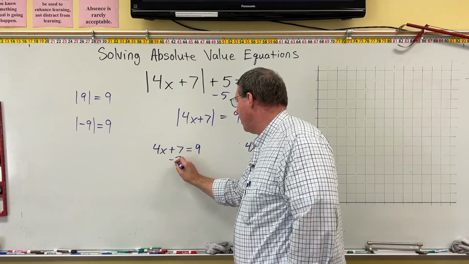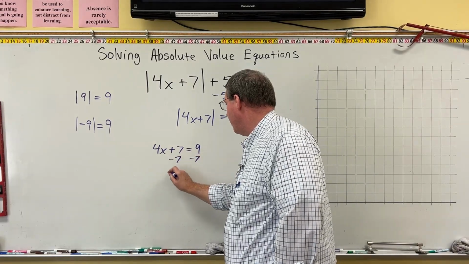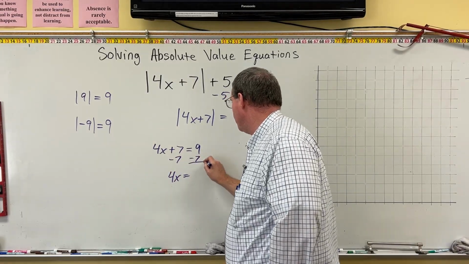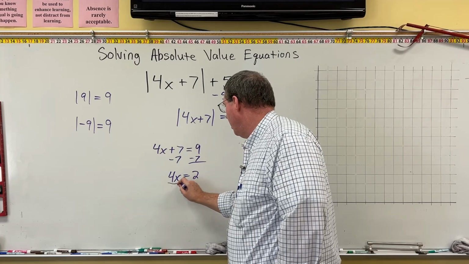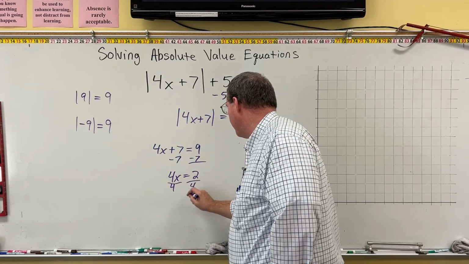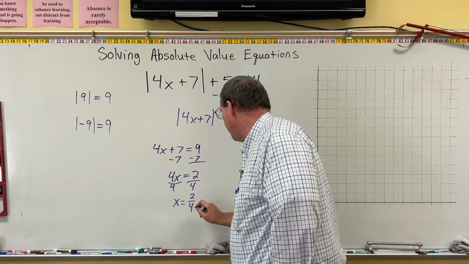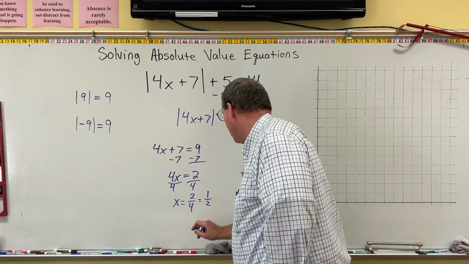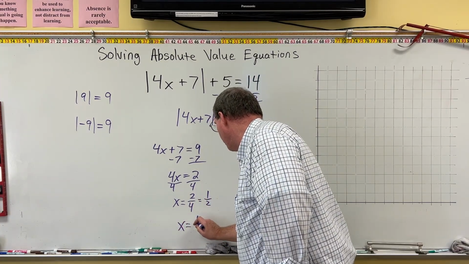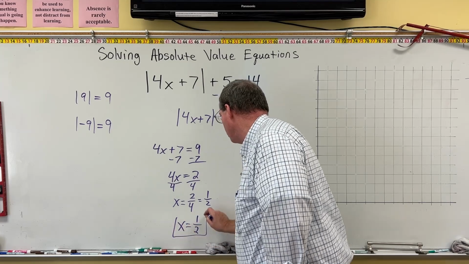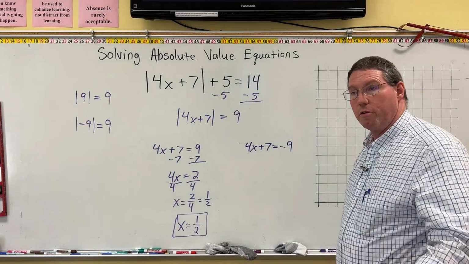So here we're going to minus 7, and we get 4x is equal to 9 minus 7 is 2, divided by 4 on both sides. We get x is equal to 2/4, which is the same thing as 1/2. So we're done with that one. One solution is that x is equal to 1/2. That is one of our solutions.